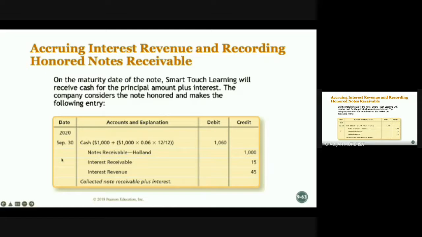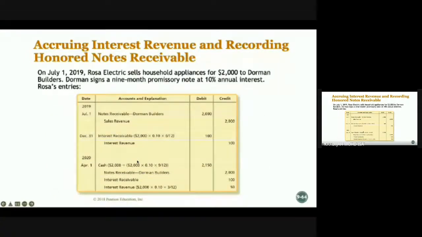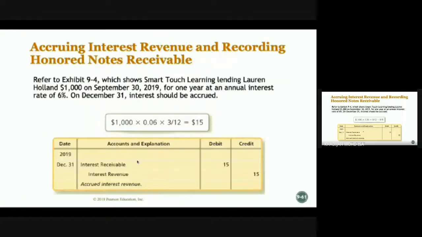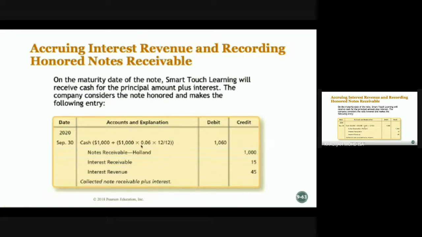This one is September 30th, right? Just now, interest receivable, you have debited 15 in the previous period. The interest receivable is 15, and you have recognized your revenue of 15 here, so it's settled. But this interest receivable is an account that you have to credit later, so that's why you credit interest receivable here.